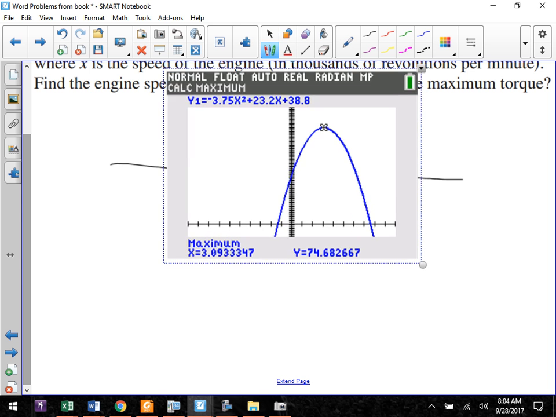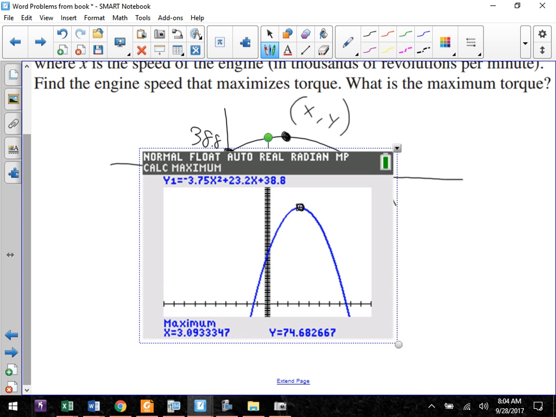That means that my vertex here, the maximum RPM, is 3.09, I think in thousands, and the torque is 74.68 foot-pounds. So at 3,000 RPMs, which is kind of low RPM, you have 75 foot-pounds of torque.